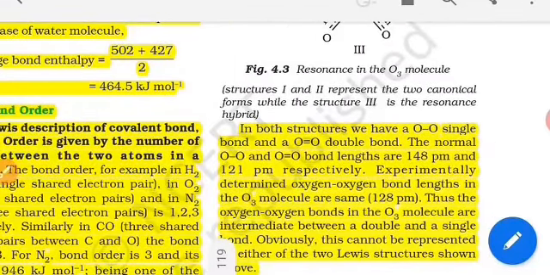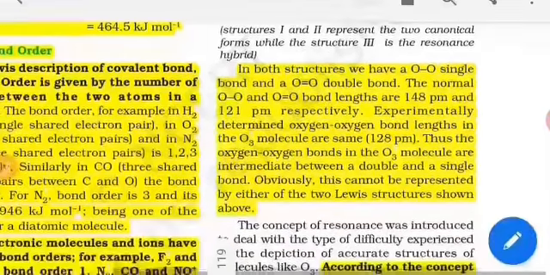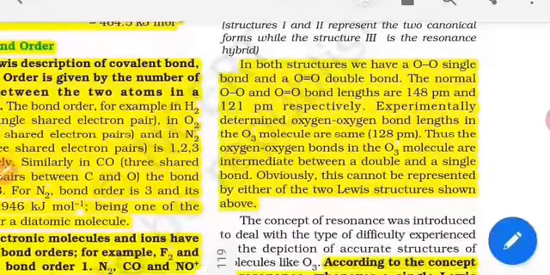The normal O-O single bond and O=O double bond lengths are 148 picometer and 121 picometer respectively. Now experimentally, it was determined that oxygen-oxygen bond lengths in ozone molecule are the same, equal to 128 picometer. Means this value is in between the value of single bond 148 picometer and value of double bond 121 picometer.